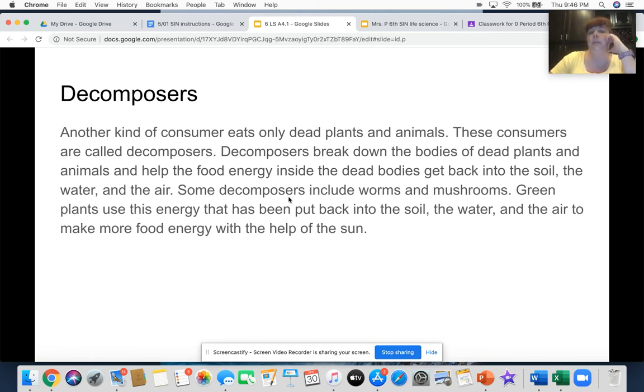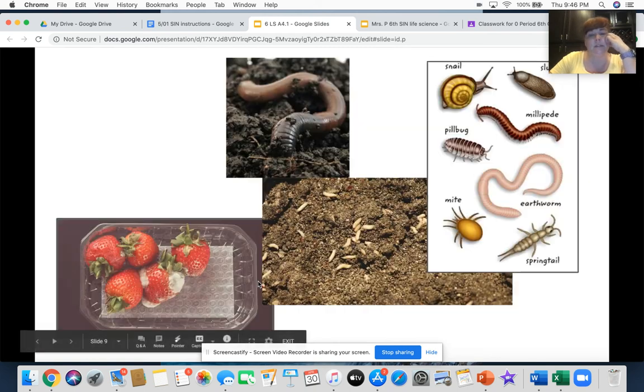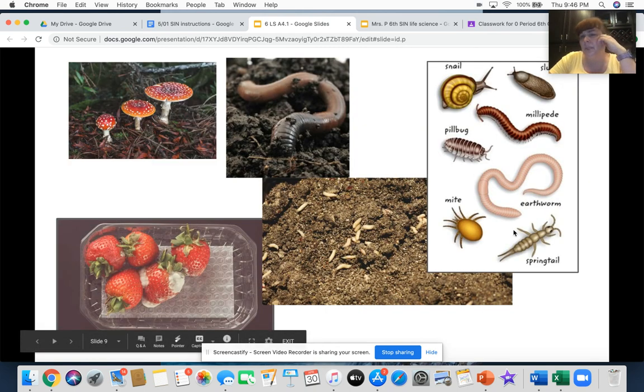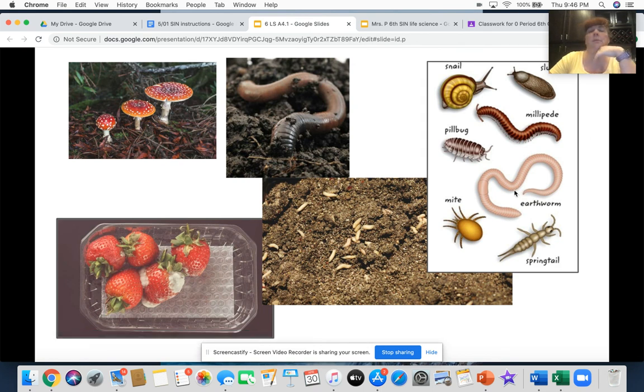Okay, so some of these decomposers include worms, mushrooms, a lot of insects that feed off of dead things like maggots. So I've got some pictures here. So I've got different kinds of, sorry, I can't remember the right name. Bugs. Okay, so we got snails and slugs, millipedes, pill bugs, mites, springtails, earthworms.